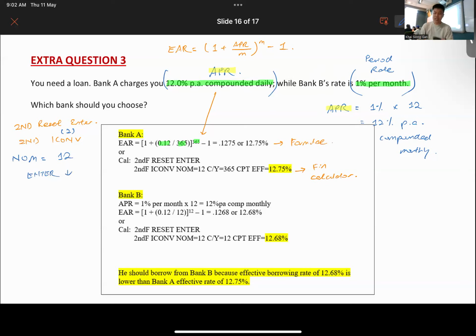It asks you EFF, but I cannot ask the calculator to calculate EFF yet because I haven't keyed in my compounding frequency. So I must go down again, to CY. CY means compounding how many times in a year? 365. So 365, enter, and then go up again to calculate EFF.